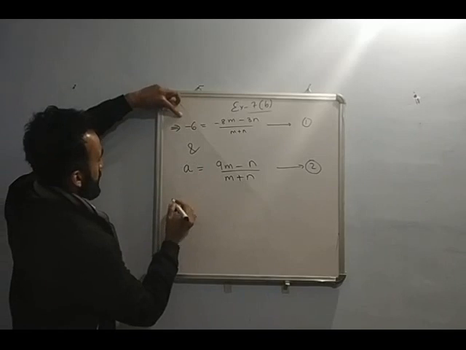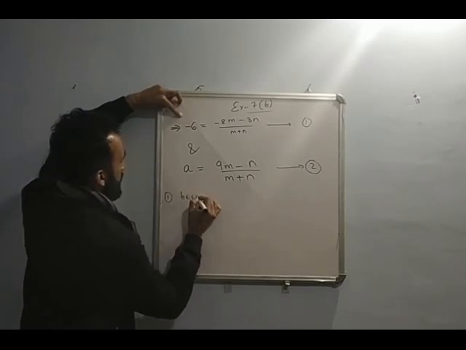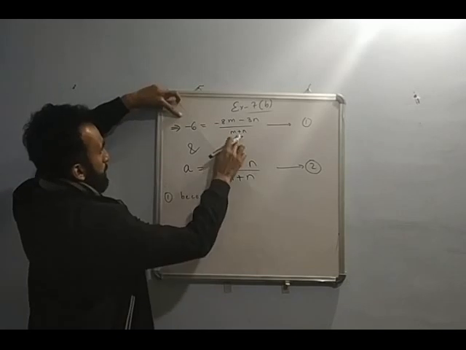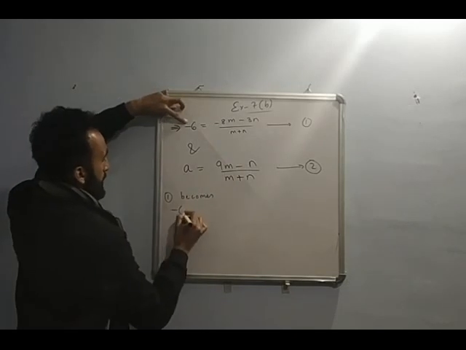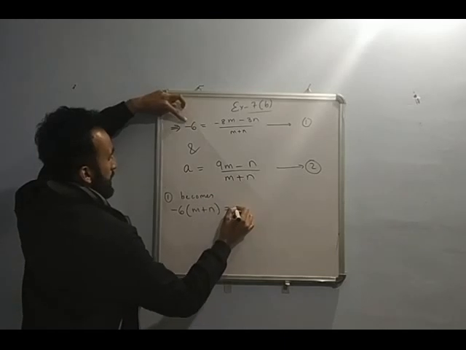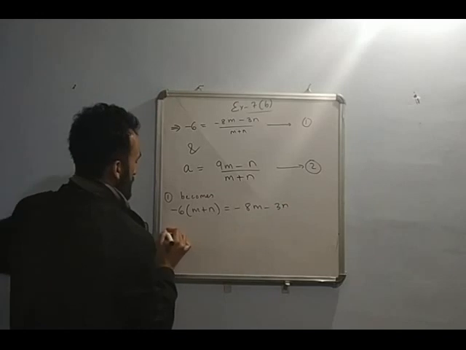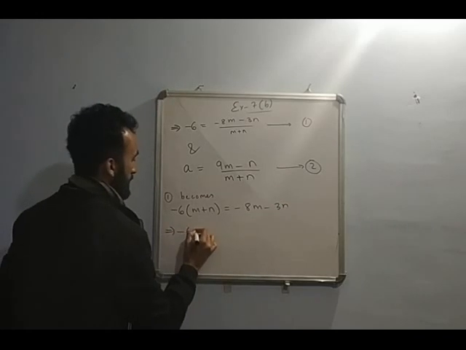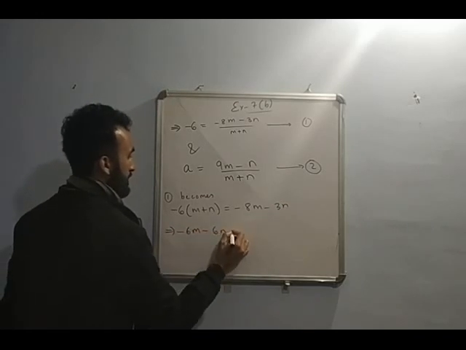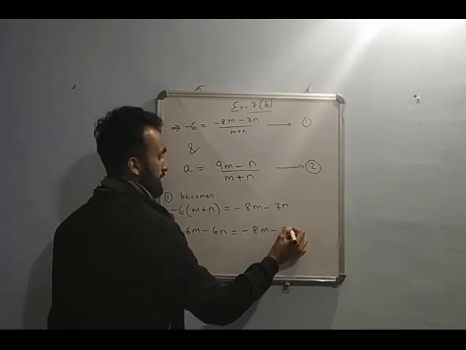From here, equation 1 becomes what? m plus n will multiply here, minus 6 in the bracket, m plus n, here minus 8m minus 3n, which implies minus 6m minus 6n is equal to minus 8m minus 3n.